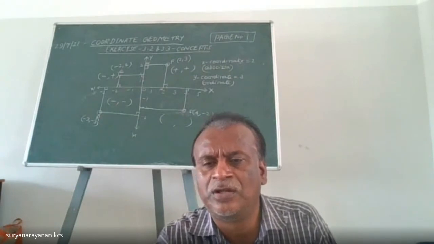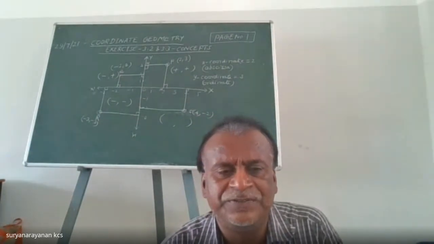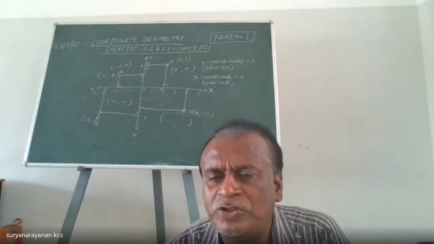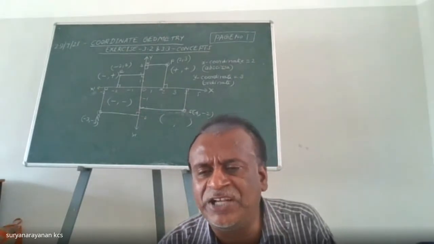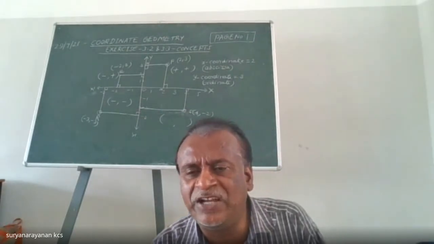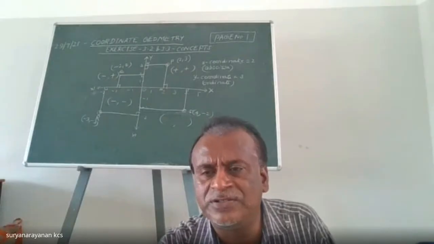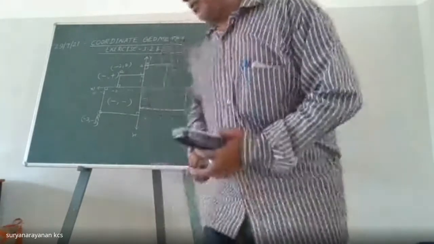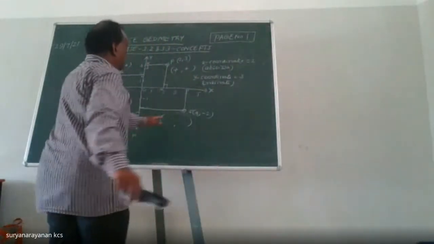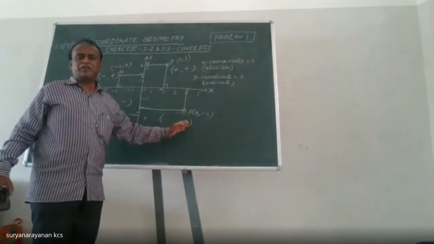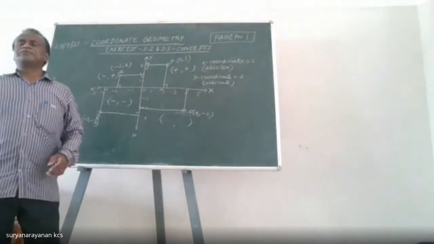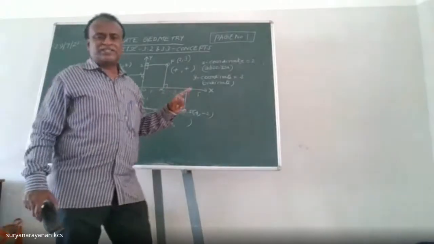Fourth quadrant. Okay, Sridarshan, my dear Sridarshan, down your hand. Now, what are the signs of the x coordinate and y coordinate in the fourth quadrant? So plus and minus.